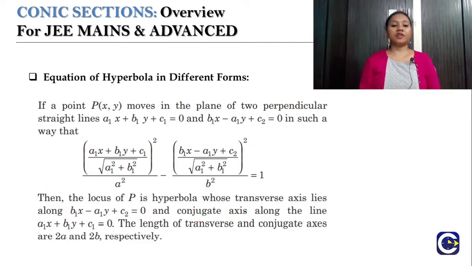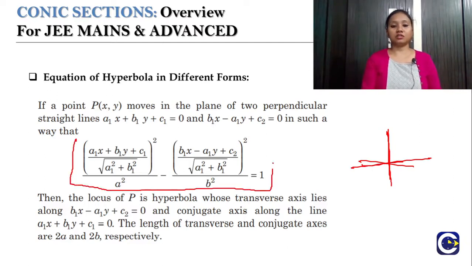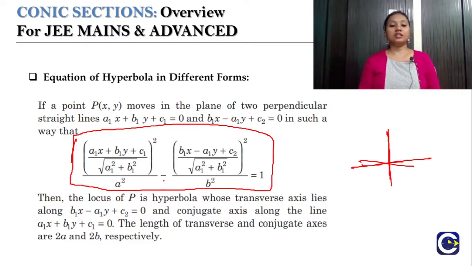It's just that if we have a point P x comma y moving in a plane where we have two perpendicular straight lines, and the point satisfies this relation, then it states that the transverse axis is this line b1x minus a1y, and its conjugate axis will be the other line, that is a1x plus b1y plus c1 is equal to 0.